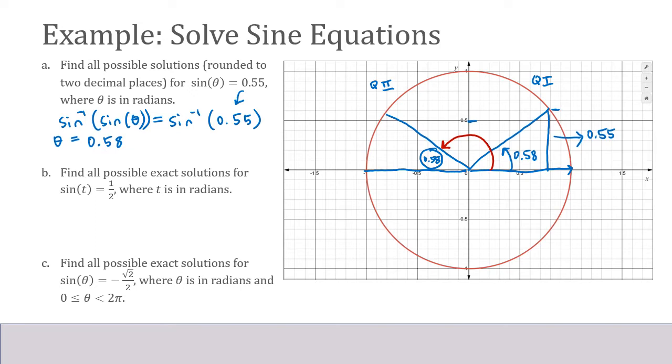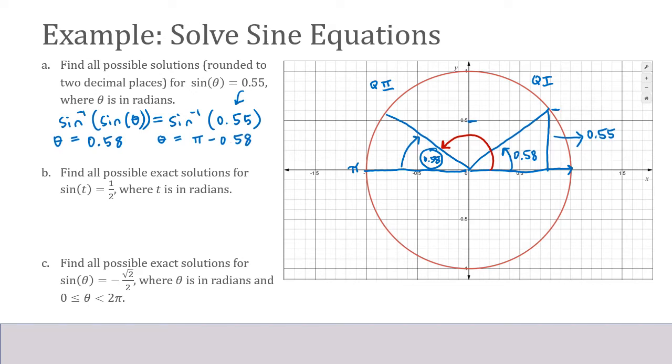And if you recall, if halfway around is pi, then all I have to do to figure out that quadrant 2 angle is go all the way around to pi and then back out that reference angle. So we're going to say that the other solution is that theta is equal to pi minus that 0.58.